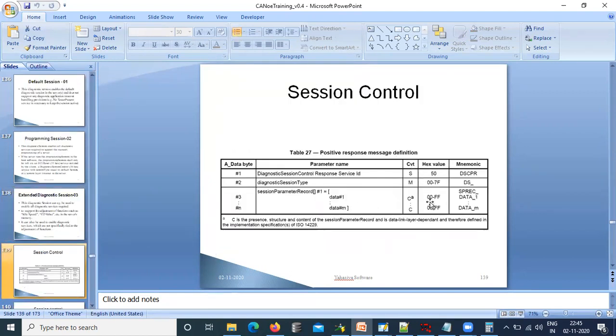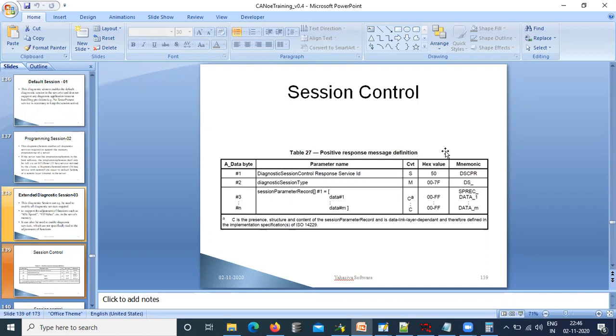Assume you have requested a session control with the 10 service, for example, requesting to change from default to programming. If it is changed to programming, the ECU will return a positive response.